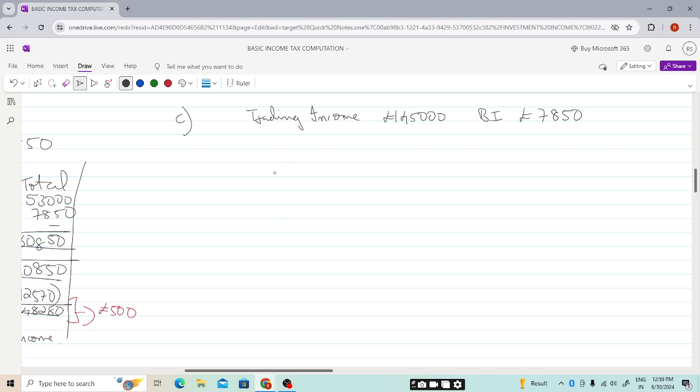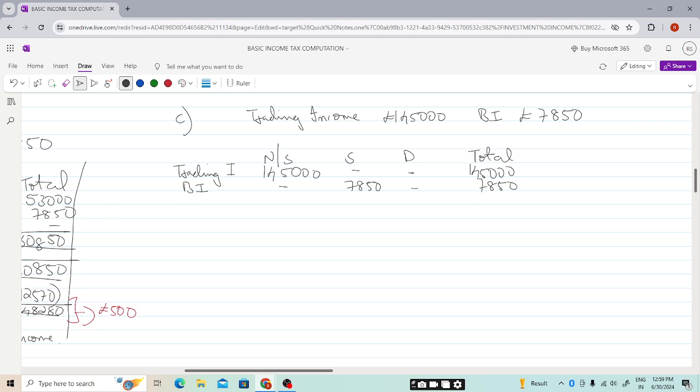Now we'll be calculating income with non-saving income, saving income, dividend income, and total. So trading income, it will fall under the head of non-saving, that is 145,000 pounds. Bank interest is a saving income, so it is 7,850 pounds.